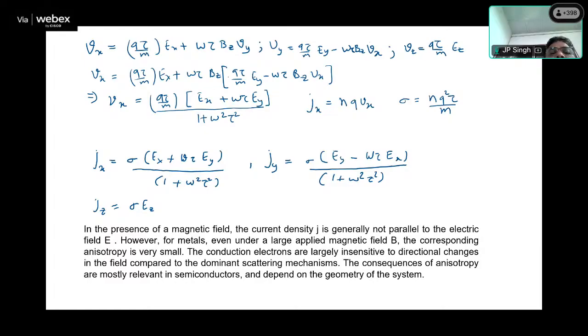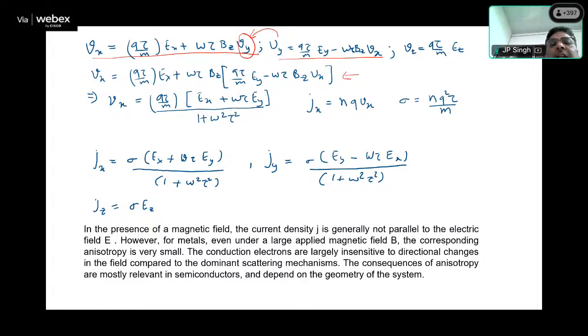Now solving for equation 1 here, I can input y from here. You input the y value here, and then you write down here. Vx will be simply q tau by m Ex plus omega tau Bz, and then I can input the Vy value from there, which we have just determined.